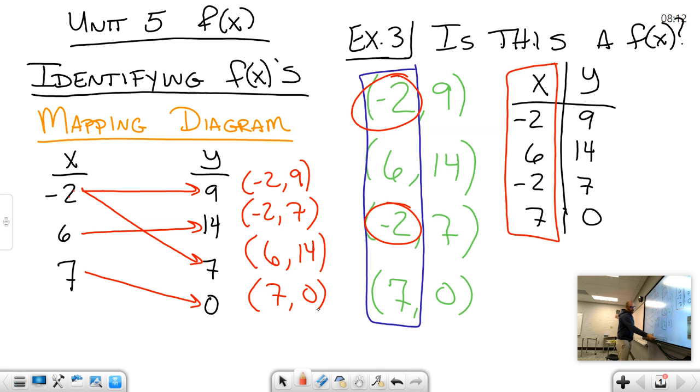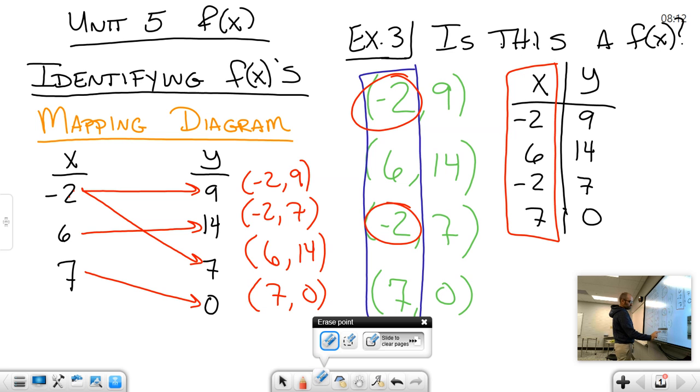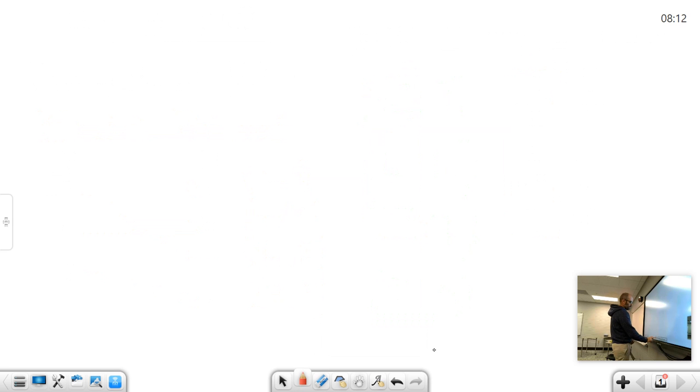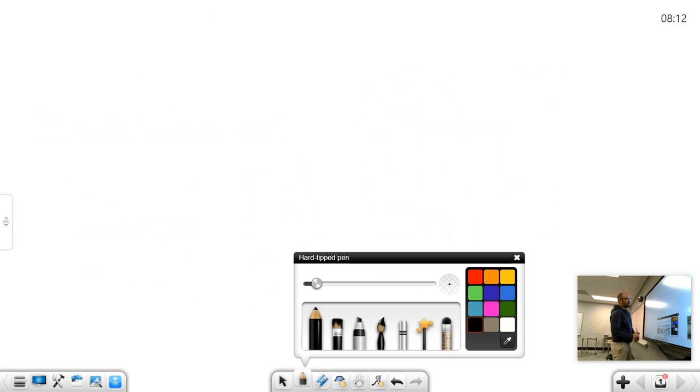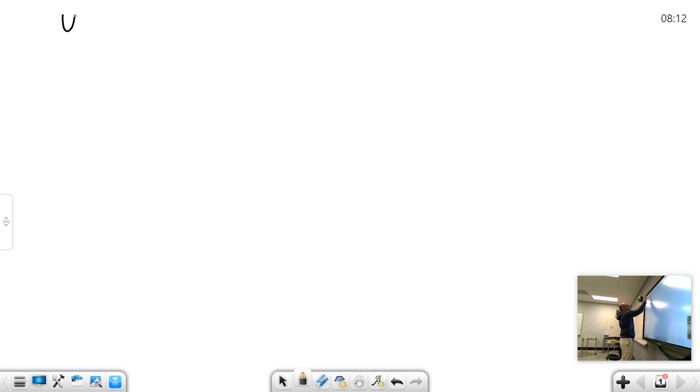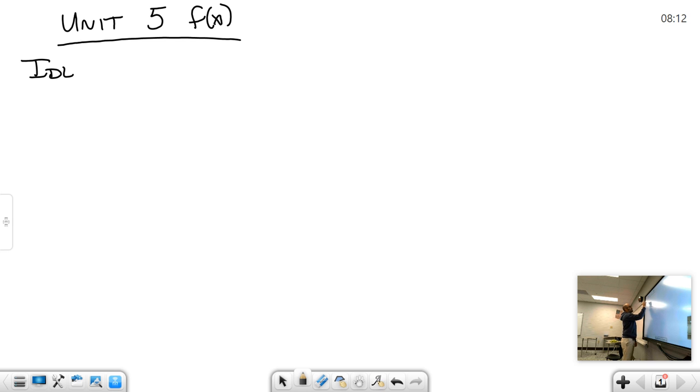All right. Now we're going to look at identifying functions from a graph. So we're still in Unit 5, functions. Identifying functions from a graph.